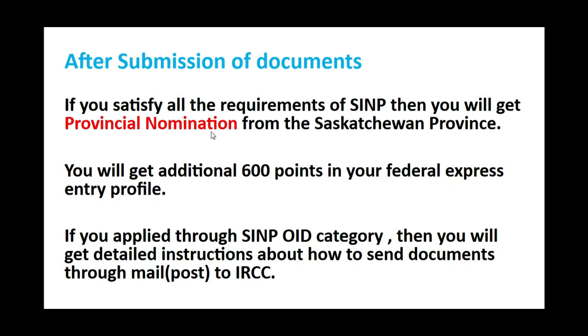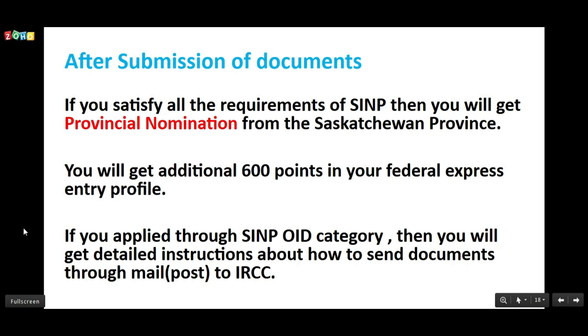Okay, and then within 24 hours, your 600 points will be updated in your federal Express Entry profile, and that will give you the assurance of being selected for the ITA in the next upcoming draw of the federal government. Okay, and if you have applied through the SINP OID category and you don't have an Express Entry profile, then SINP will give you detailed instructions about how to send the documents by post to the IRCC. So don't worry about that. Fine, every instruction will be given to you.